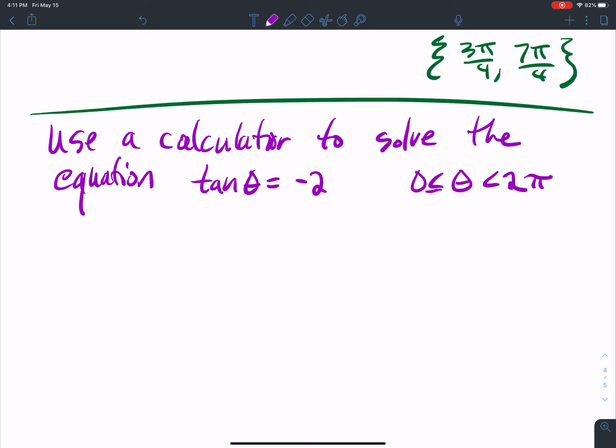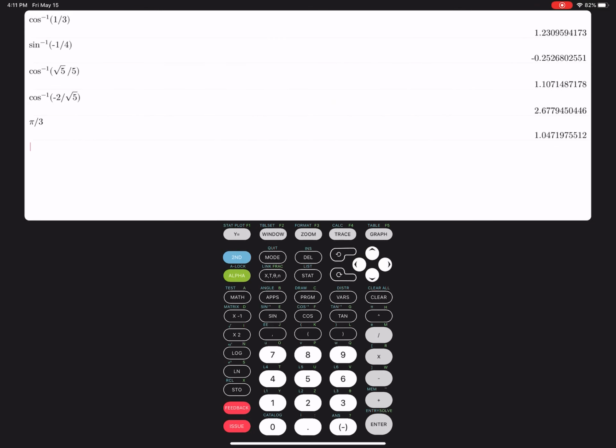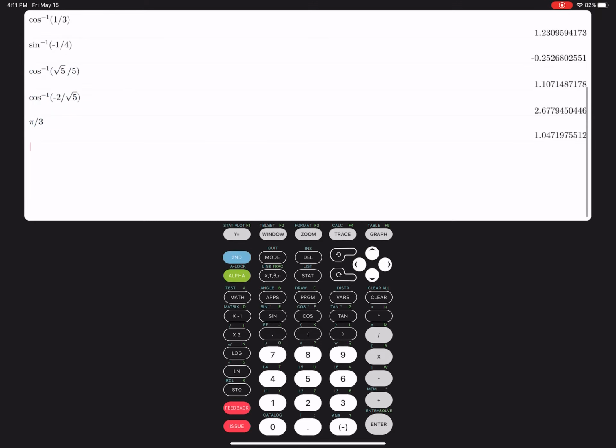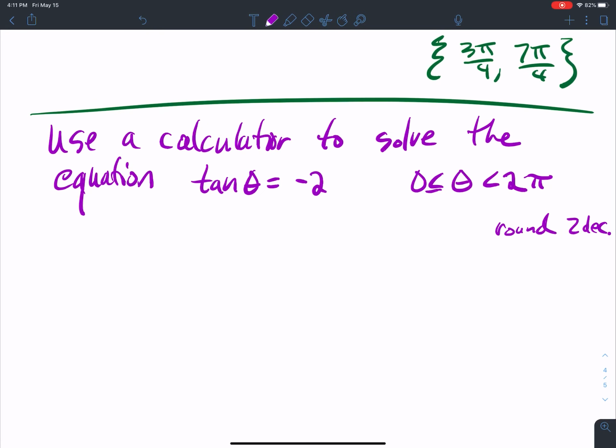So express any solution in radians rounded to 2 decimals. So always check to make sure your calculator's in radians. So go to mode and hit radian, enter. Okay, so we're good to go.